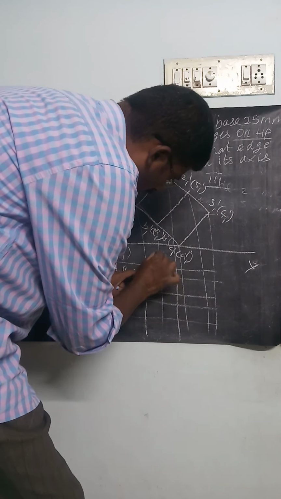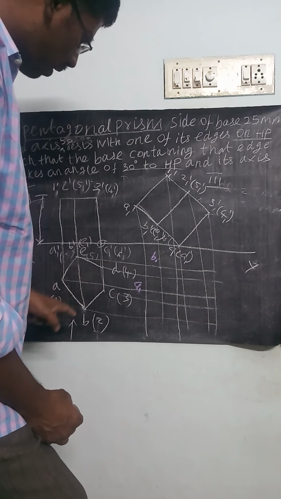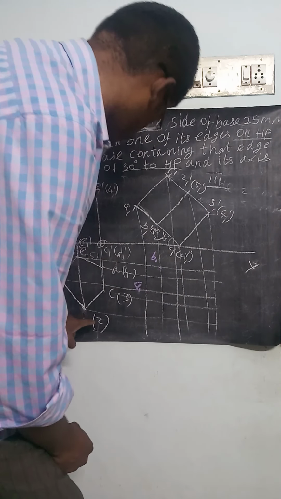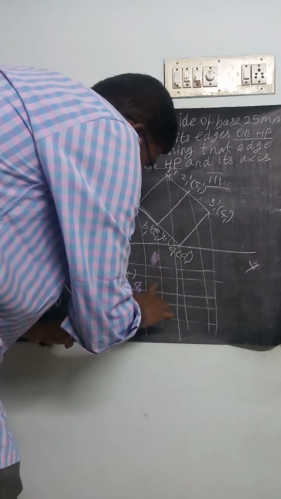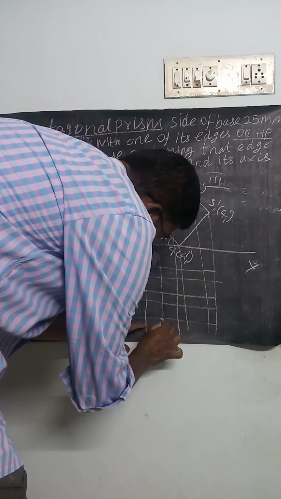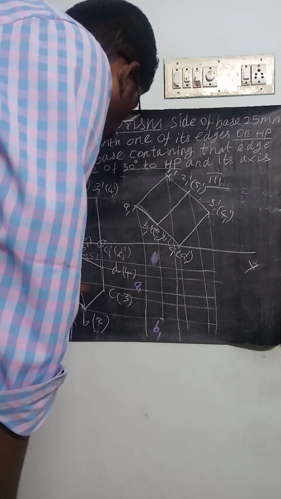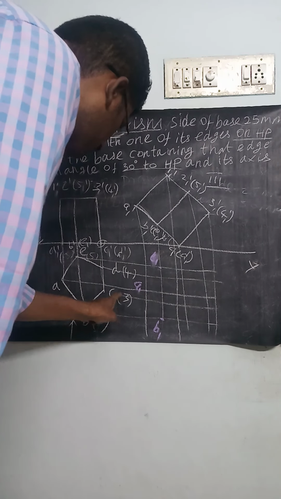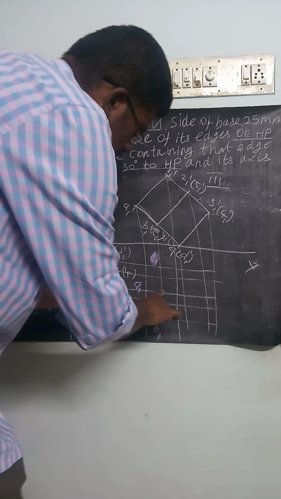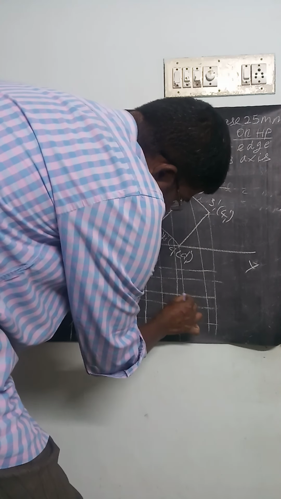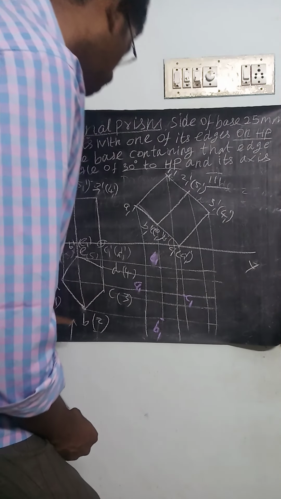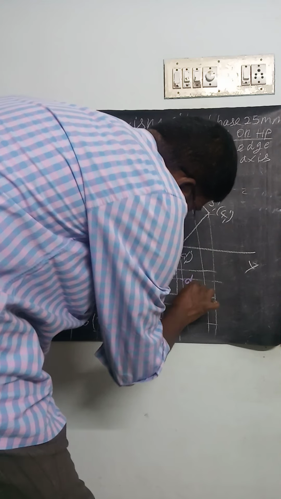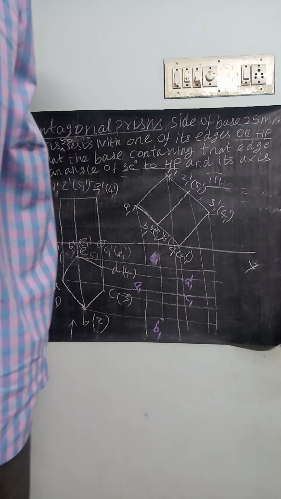This is your B1. Next point E1, next point C1, and next D1. This is D1.